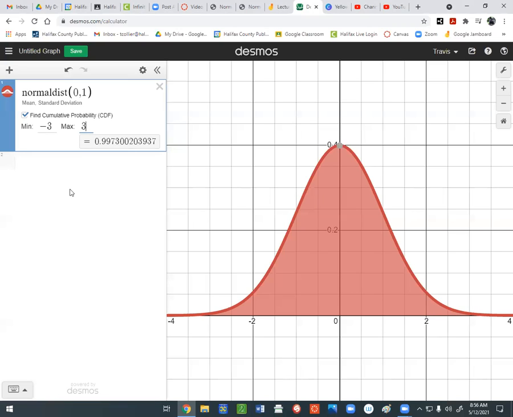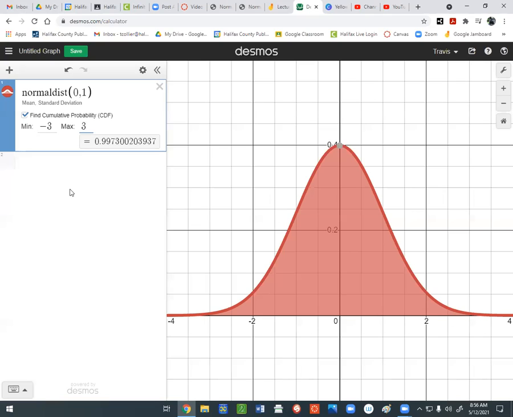What decimal does it give you now? Yeah, 0.99. And then the last 2 digits are going to be 73. And that 0 is going to tell that 3 to stay put.